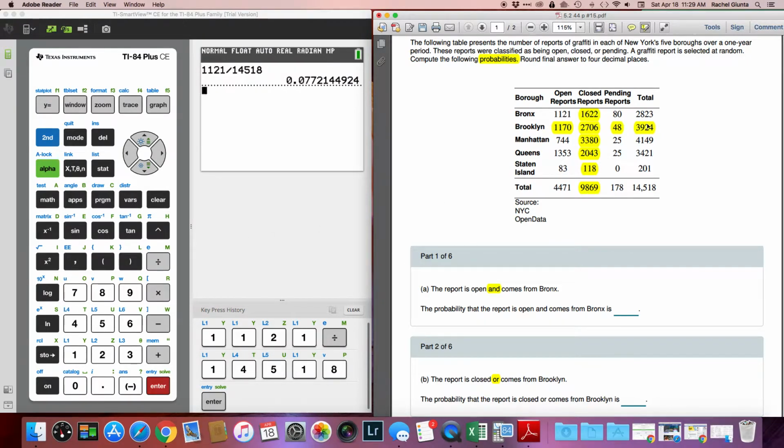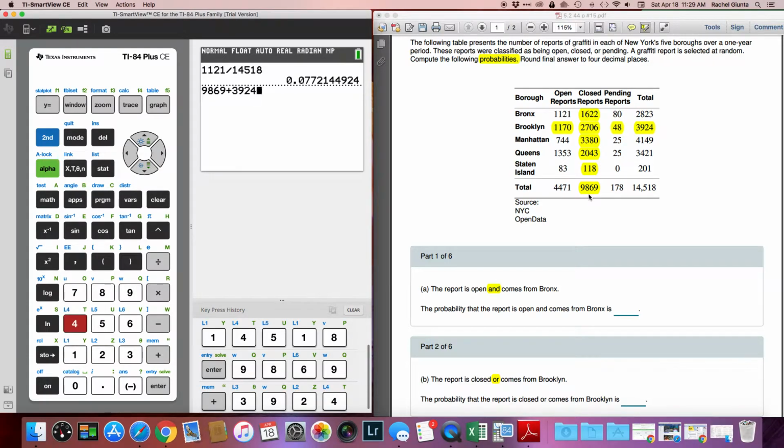So we can take both totals and add them together. So 9869 plus 3924. But if we just added both of those together, then these 2706 are in both of those categories, so we're counting them twice, so we need to subtract them out once so that we're not double counting them. 2706 would be subtracted.